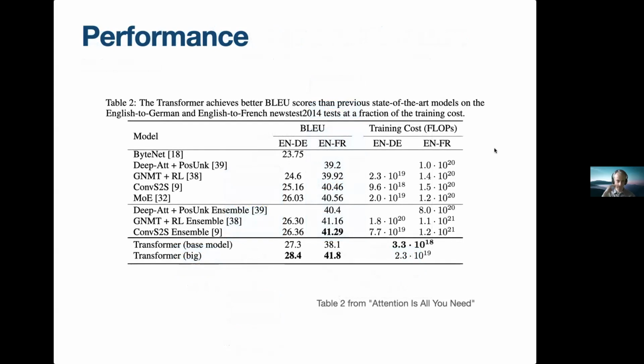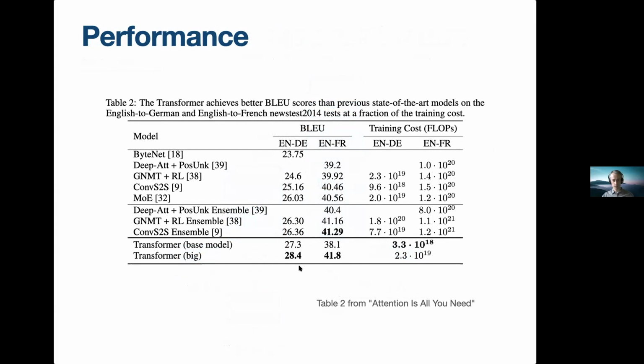So, given this model, how well does it perform? Well, they evaluated the model on the BLEU test for both the English to German and the English to French translation tasks.